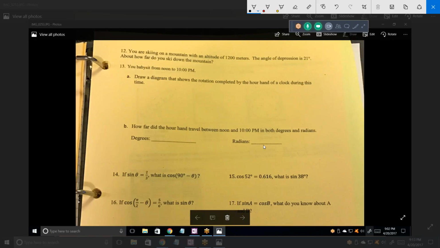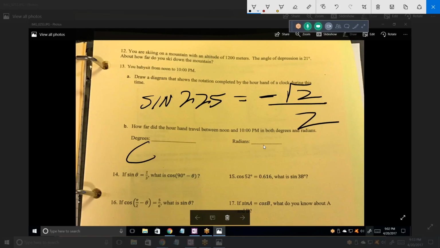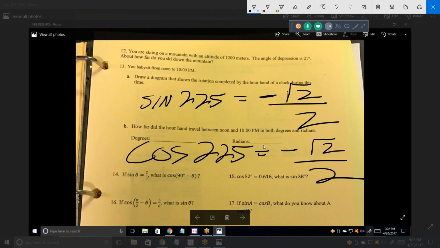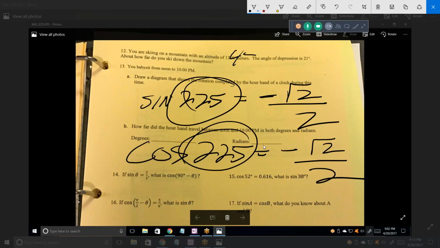Yeah, because the sine of 225 is negative root 2 over 2, and the cosine of 225 is negative root 2 over 2. So they're either both 45 degrees or they're both 225. There are two answers where that is true, and of course all of the coterminal angles. In other words, 45 plus 360, so 405, would also be an answer for both A and B.